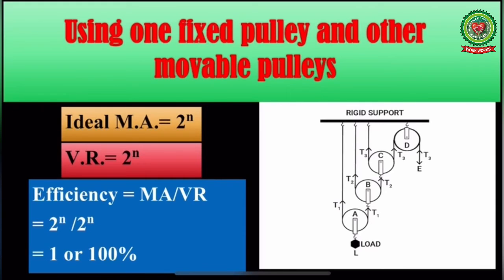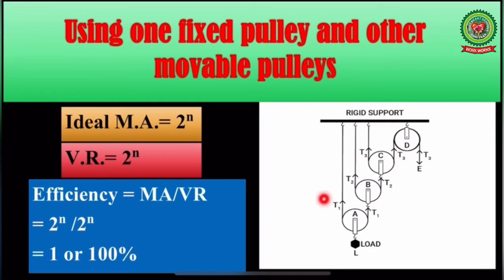In this case, we have so many movable pulleys. This is pulley number 1, which can move, which is not fixed about any axis. This is pulley number 2, this is pulley number 3, and this is how the strands are connected in all three. To change the direction of effort to a convenient direction, we have used a single fixed pulley here.